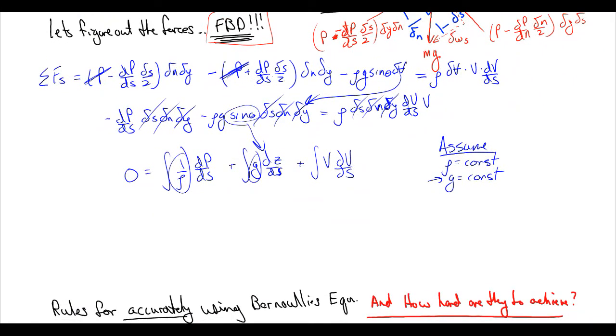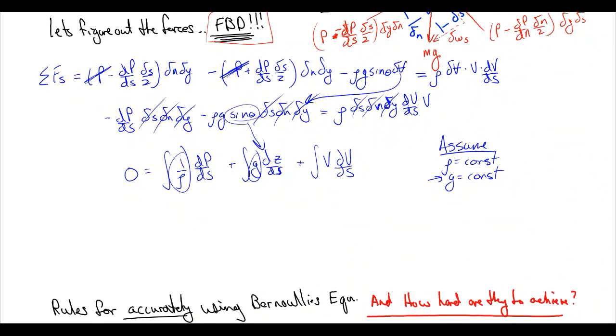We have to assume that rho is equal to a constant. And if we do that, when we integrate, we get pressure divided by the density plus 1/2 v squared plus g times z, sorry, it's not equal to 0. It's equal to a constant when we do the integration. Then that's our Bernoulli's equation.